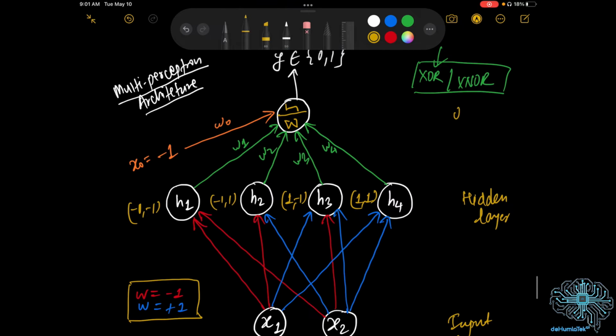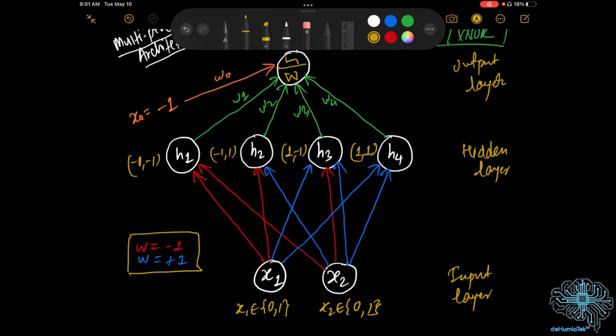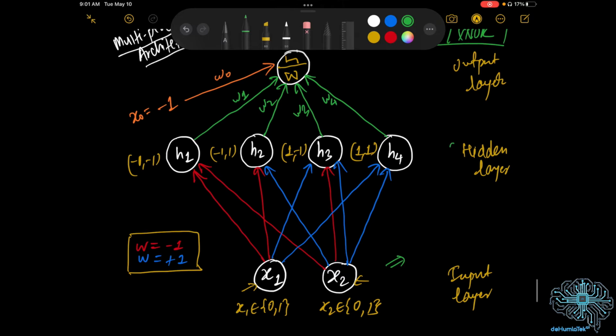For two inputs, the minimum number of perceptrons in the hidden layer would be 2 to the power 2, that's going to be 4. That's why I have drawn 4 neurons over here. Not neurons, for now let's say just perceptrons.